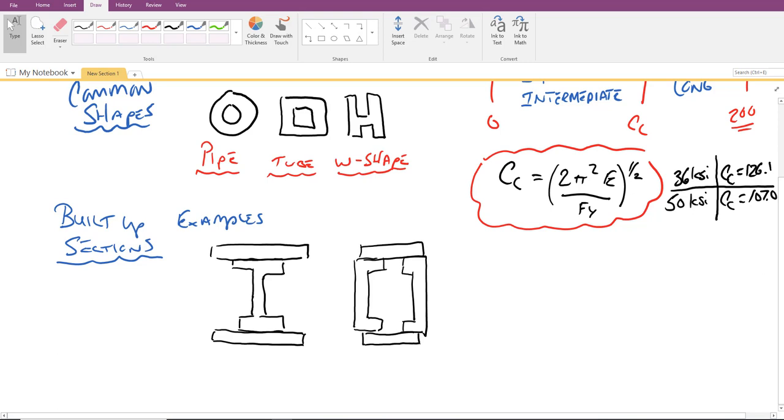But when we're on this side, we are dealing with the inelastic range. And so that C sub C value represents the theoretical line. Let's write this down. Represents the theoretical line between inelastic and elastic behavior.